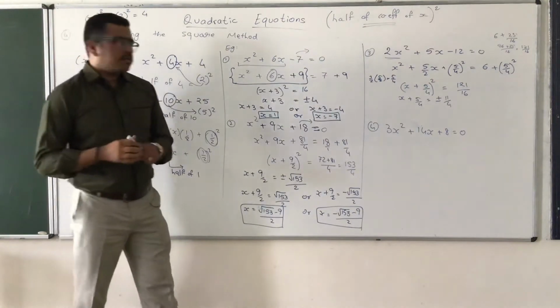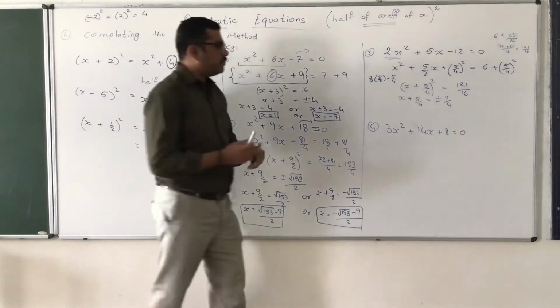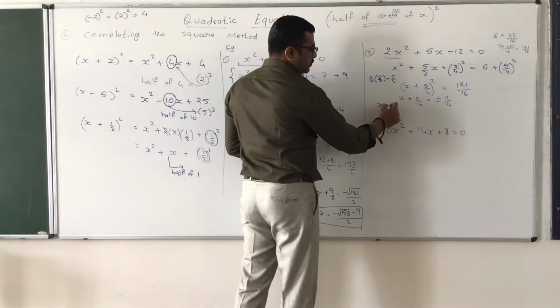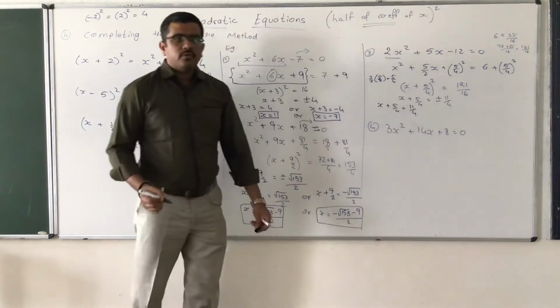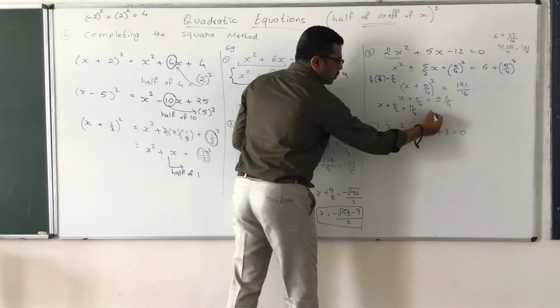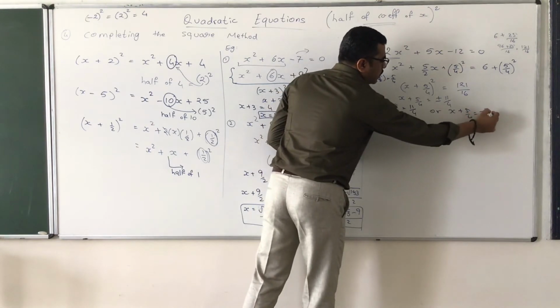So now take one time positive 11 by 4, another time negative 11 by 4. So we have x plus 5 by 4 equals positive 11 by 4, or x plus 5 by 4 equals negative 11 upon 4.